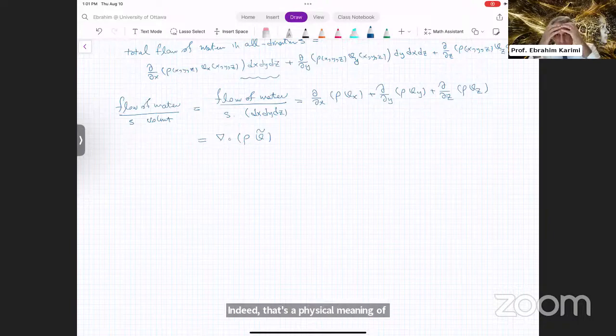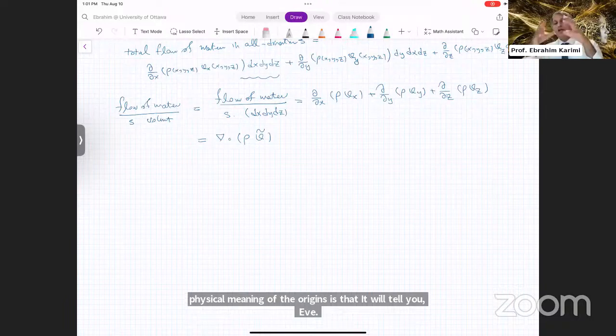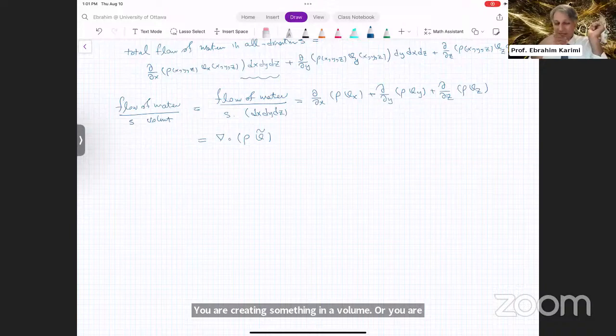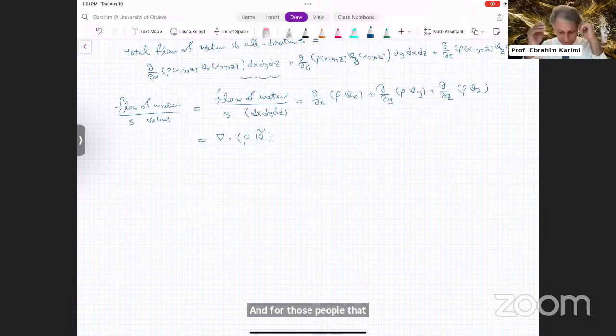The physical meaning of divergence is that it will tell you if you are creating something in a volume or you are taking something out of a volume. And for those people who know fluid mechanics, that is exactly the example here.